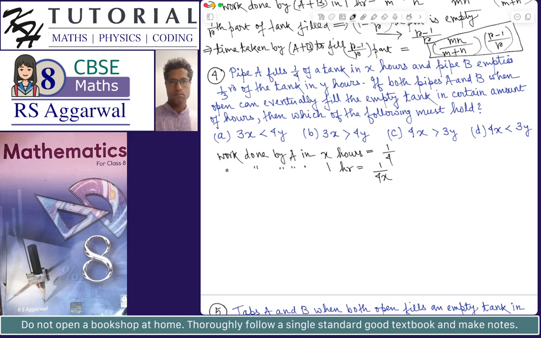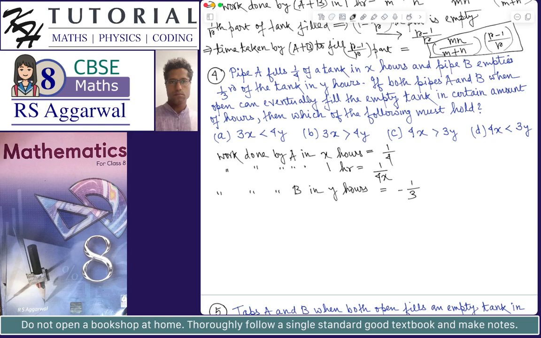Similarly, we can say that work done by B is given in y hours. Now pipe B empties 1/3 of the tank, so pipe B is an outlet, and the work done by B will be negative. It is given that pipe B empties 1/3 of the tank in y hours.